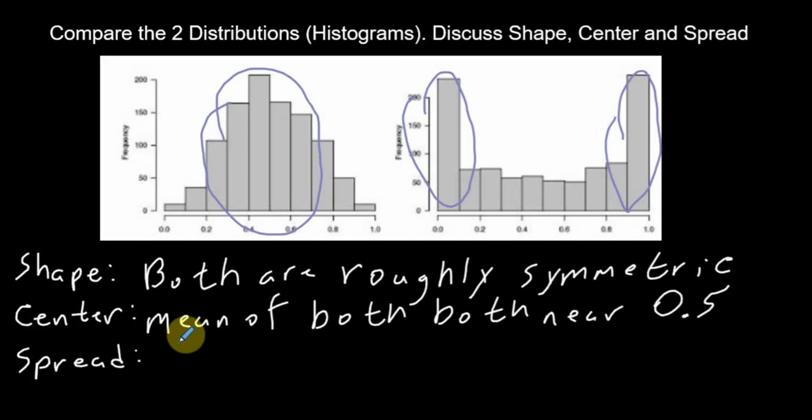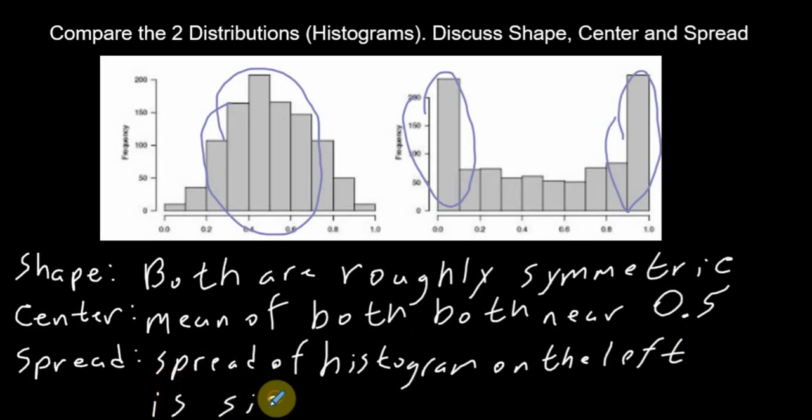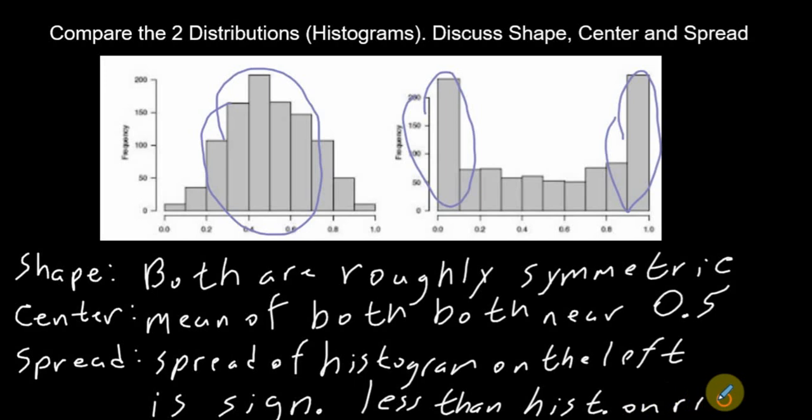So for this one, we would definitely say the spread of the histogram on the left is, I'm going to say, significantly less than the histogram on the right.